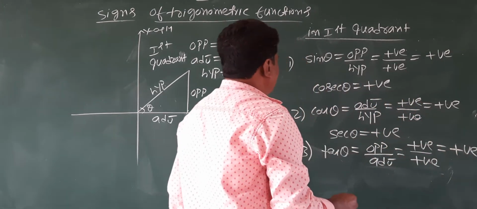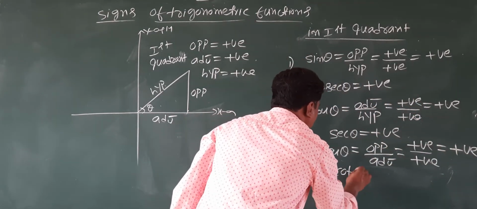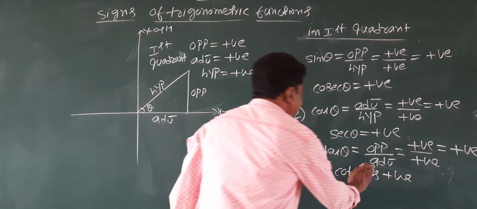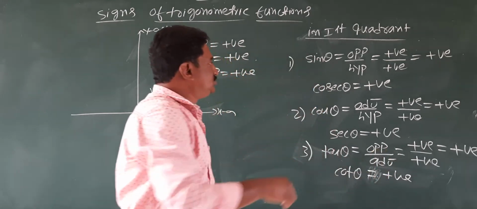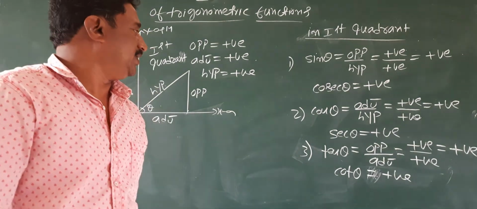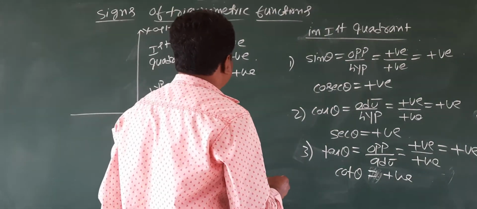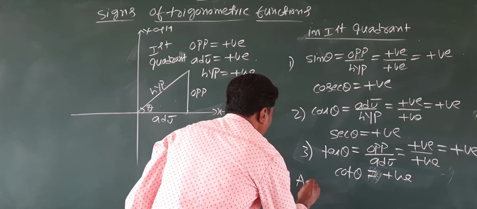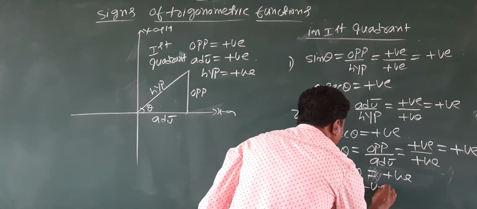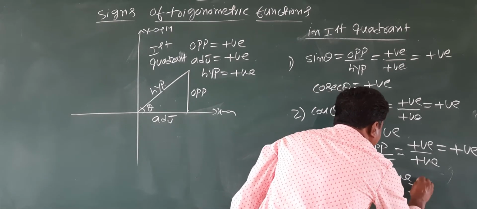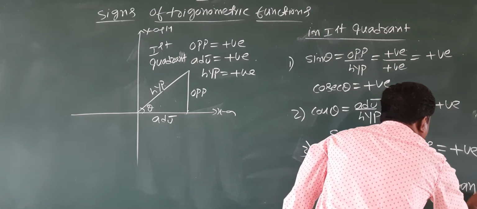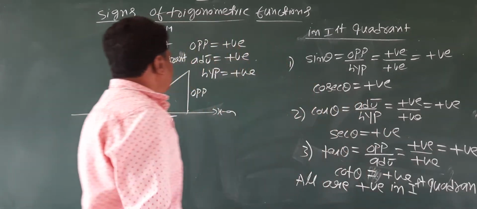Tan theta is positive. Even cot theta is also positive. From this it is so clear: all trigonometric functions are positive in the first quadrant.